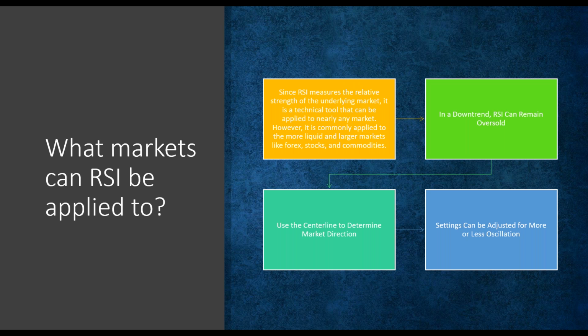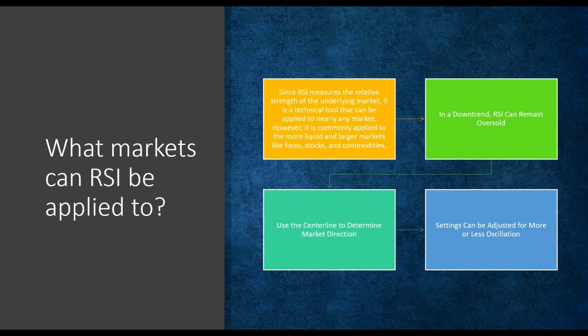Okay. Use the center line to determine market direction. Remember when I showed you the 50 line? That 50 line is very important because that center line can help us develop market direction.